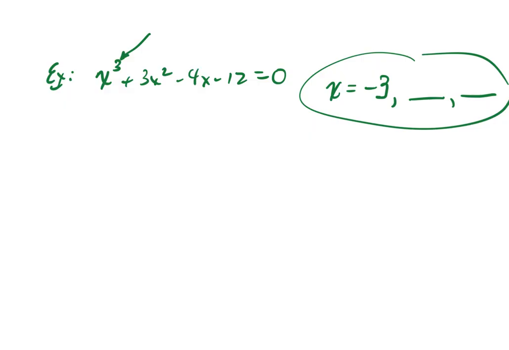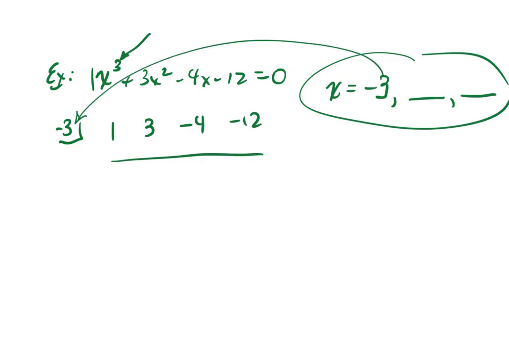What we've learned is that I start with a synthetic substitution. So I start with the coefficients, 1, 3, negative 4, negative 12. And then I put the number that I gave you as kind of a head start into the division box. So the negative 3 just goes into the division spot.